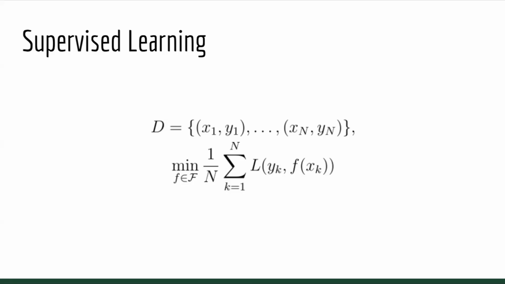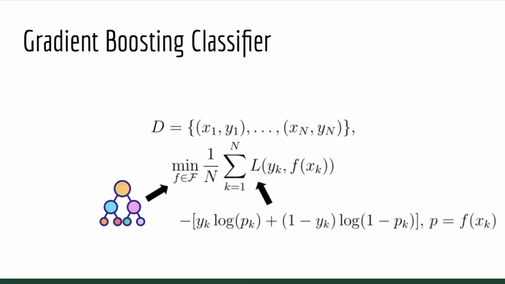Then you're trying to minimize how many labels you predict wrong compared to the true label. We pick the machine from some class of machines F that allows us to do that in the best way possible. For the particular model we're using, which is going to be a gradient boosting classifier, we are essentially picking these decision trees from a big bag of decision trees.